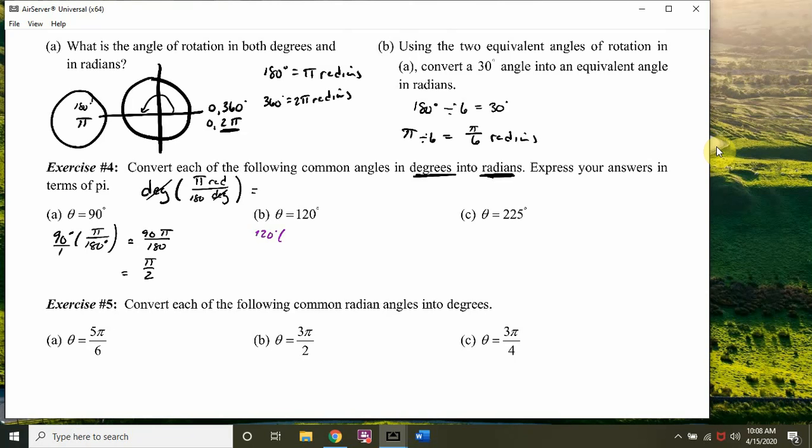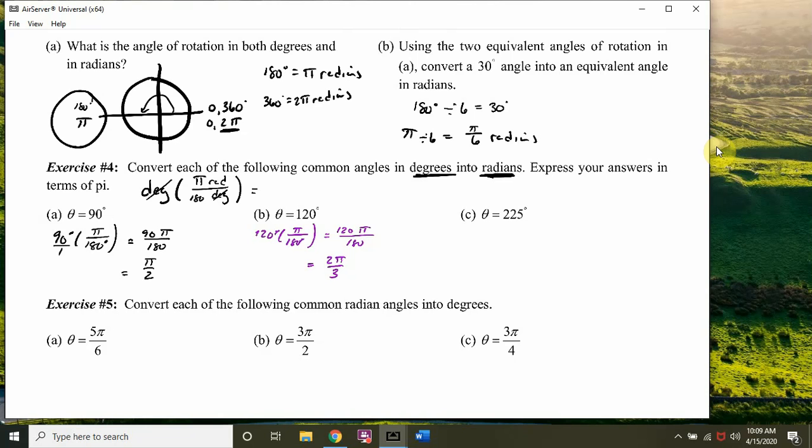And the next example, 120 degrees times pi radians over 180 degrees. The degree units cancel. I get 120 pi over 180. And if I simplify 120 over 180, the easiest way to do that is to use your math fraction on your calculator. We get 2 over 3. Now, don't lose sight of the fact that we have a pi in our numerator, so this becomes 2 pi over 3 radians.